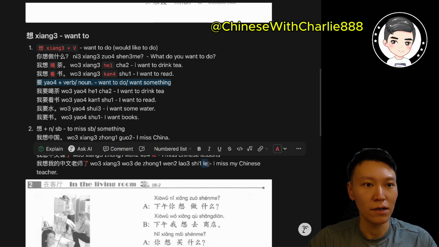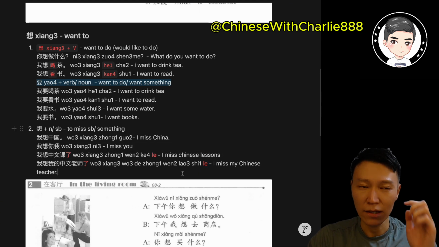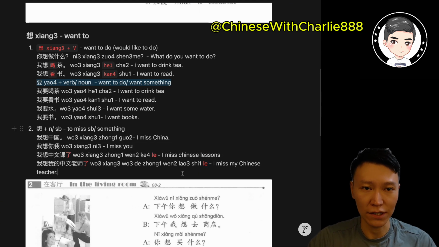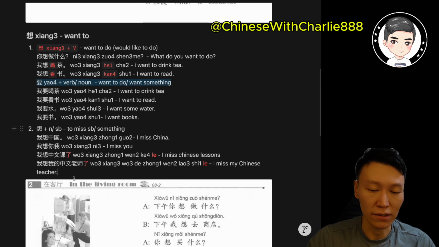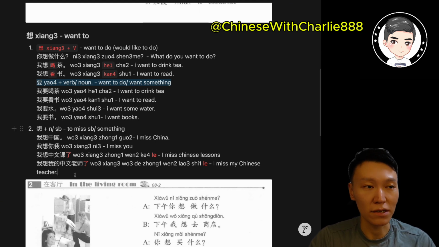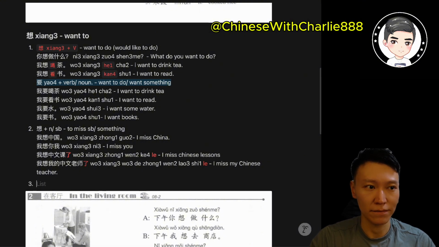And here, la. So, that's the second meaning of 想 when we use a noun. Most of the time, a person or something like your country, like your hometown, etc. So that's the second meaning of 想, to miss somebody or to miss something. Now, let's look at the third meaning of 想.